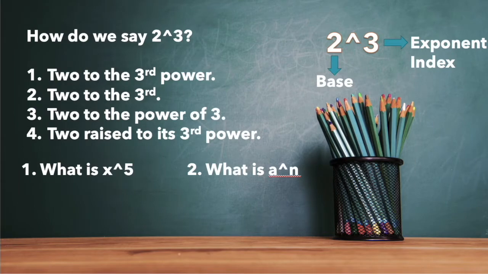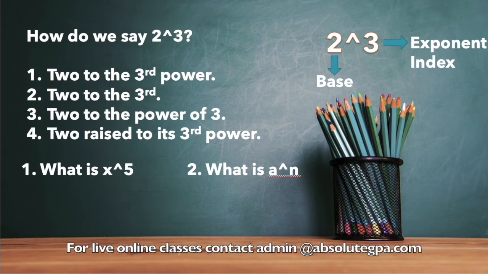We know that exponent is a mathematical expression that represents repeated multiplication. So how do we express this in words? If you see 2 exponent 3, or you say 2 and 3 on the top, how can we express this in words?